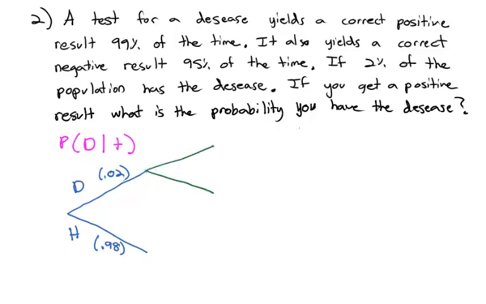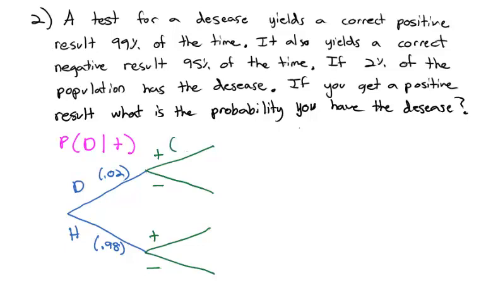Then they run the test, and you either get a positive test or a negative test. So we're told the test yields a correct positive result 99% of the time. Correct positive result. That means you have the disease and you get a positive result.